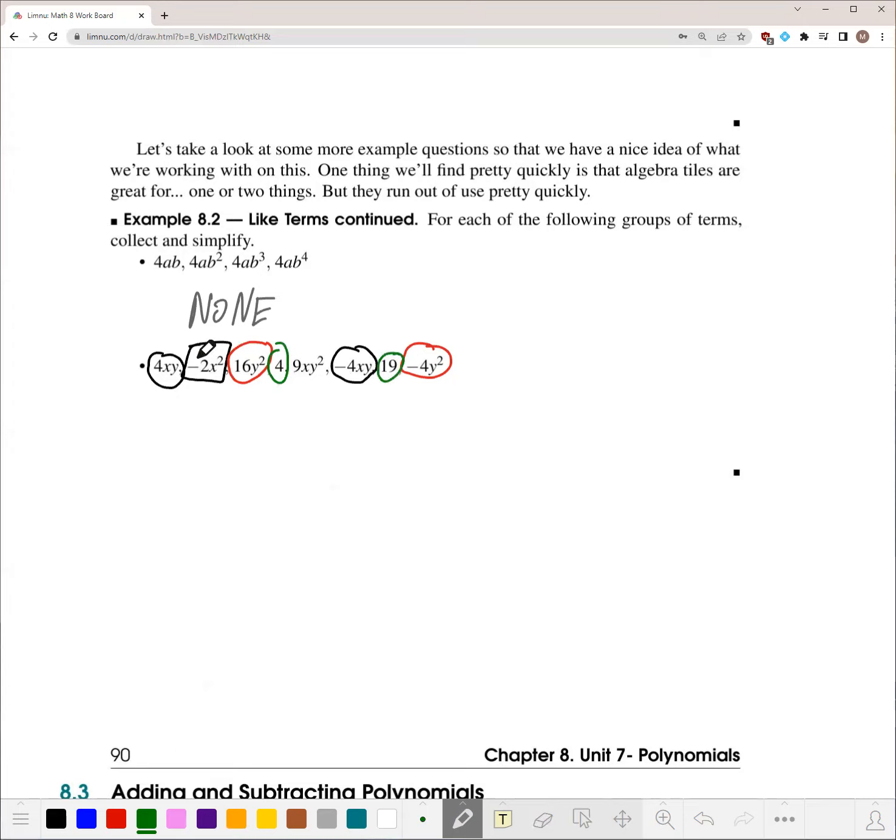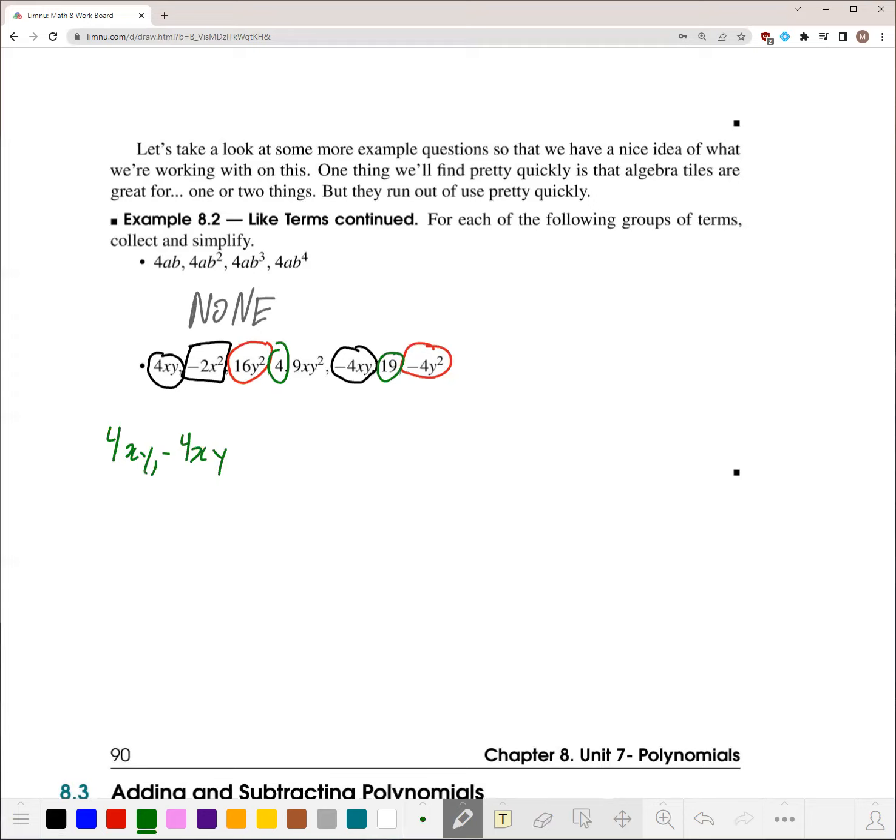And once I've gone through and made the shapes, some triangles and boxes and circles, then I can say, okay, let's collect all of the similar shapes. So for the black circles, I'm going to move all those terms over here. I've got 4xy and negative 4xy. Okay, any black boxes?